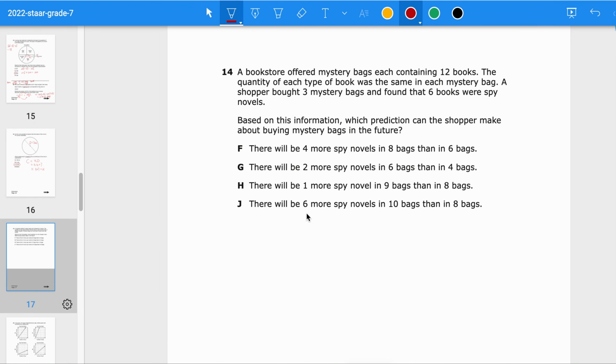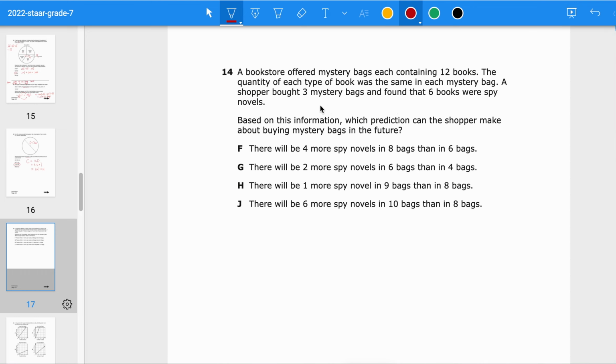Number 14. I'd like to finish reading this. This is a little bit long, but it's pretty straightforward. So one mystery bag has 12 books, and the quantity of each type of book was the same in each mystery bag.